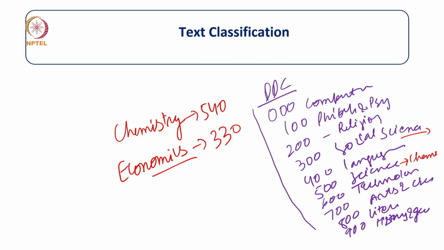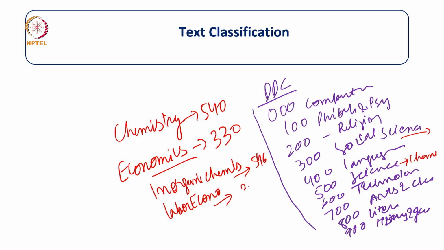Now if we receive another text, say on inorganic chemistry, or on labor economics, then inorganic chemistry is 546 and labor economics is 331.